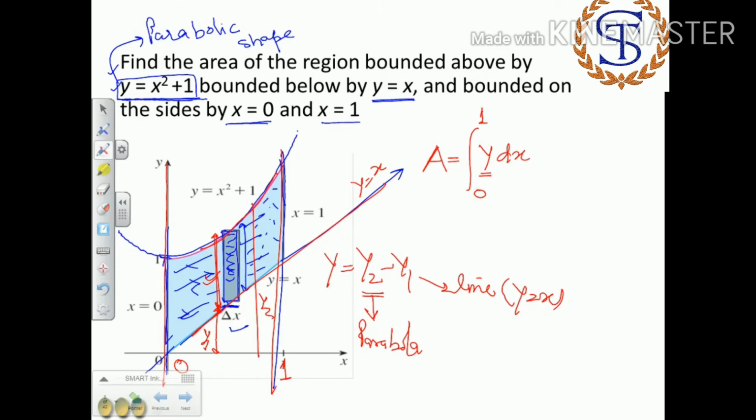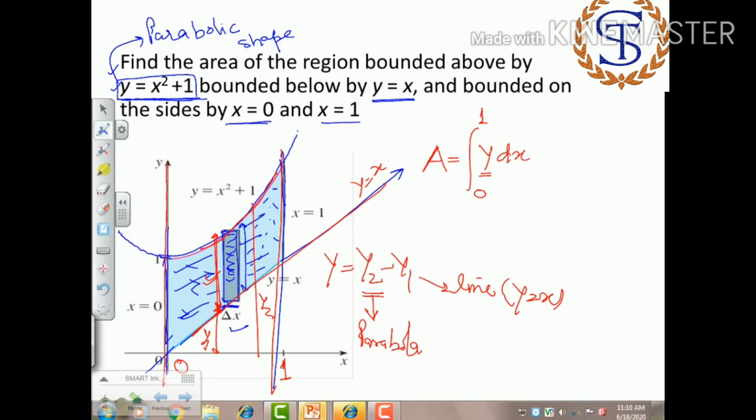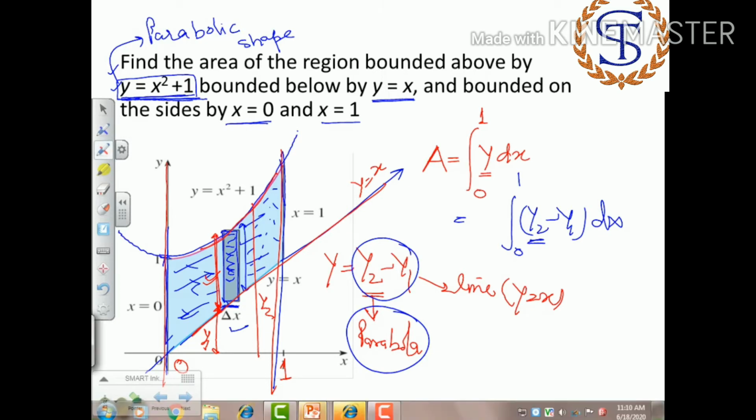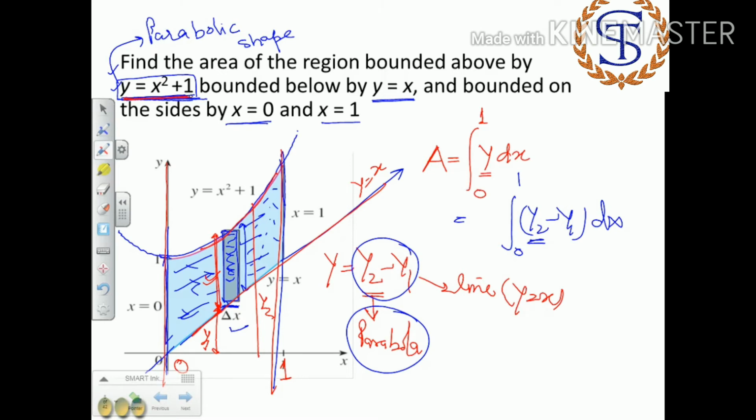Now what is y? y is y2 minus y1. So it is the integration from 0 to 1 of y2 minus y1 dx. Now what is y2? y2 is from the parabola, that is y equals x square plus 1. From y equals x square plus 1, we will get the value of y2, and we will get the value of y1 from the line y equal to x.